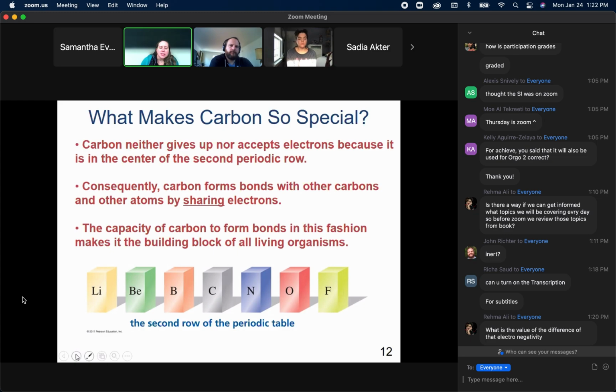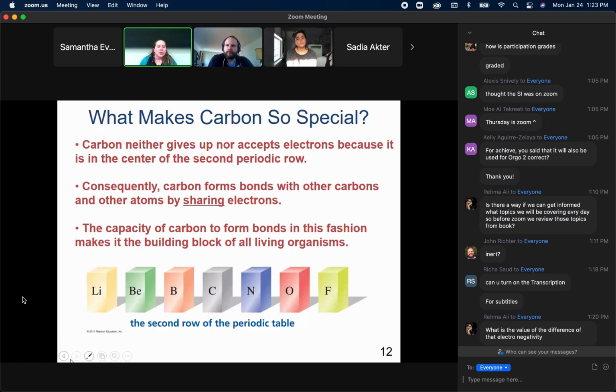It's this capacity of carbon to form mainly covalent bonds, and to be comfortable accepting or giving some electron density, that makes it such a special element, so prevalent and so useful that it's become one of the building blocks of life, and certainly a key element in organic chemistry.